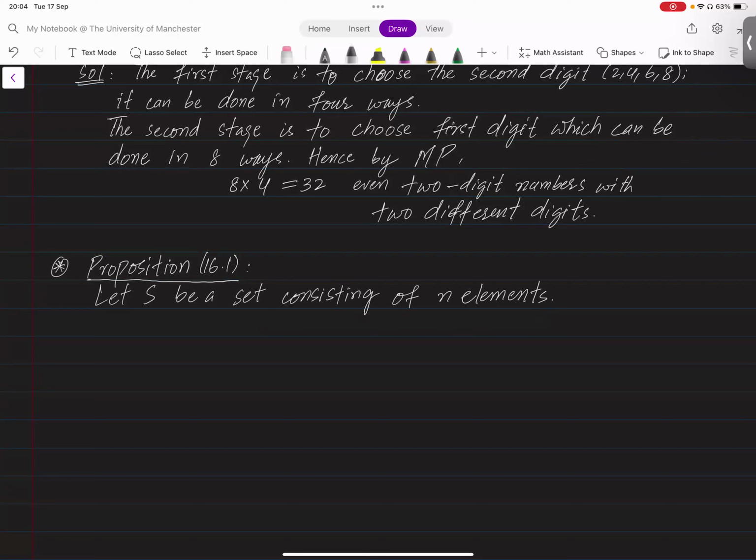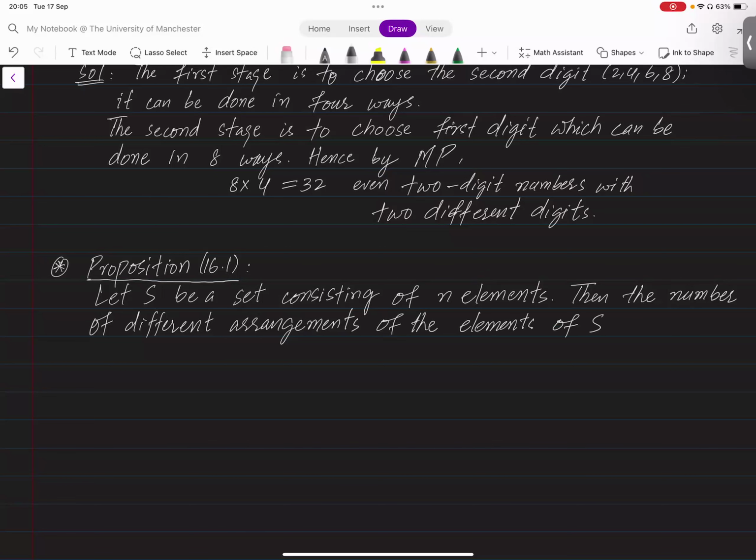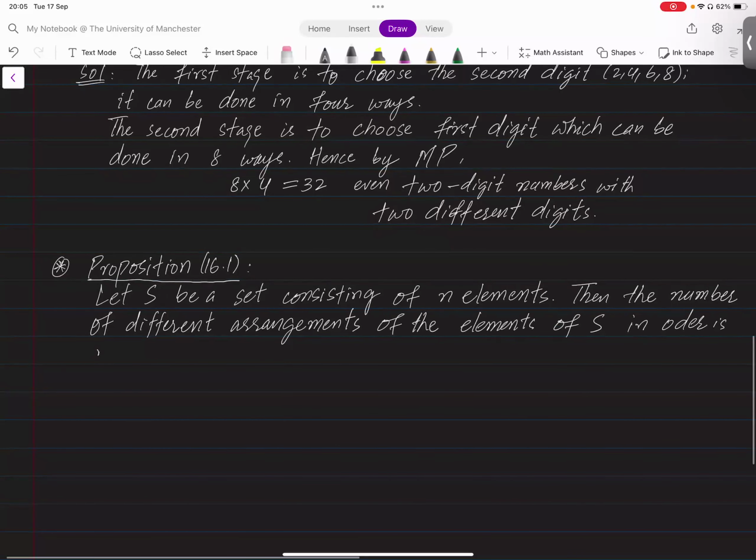Then the number of different arrangements of the elements of S in order is n factorial.